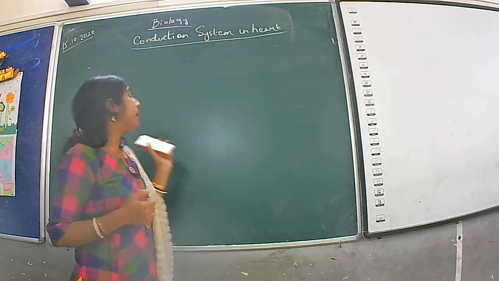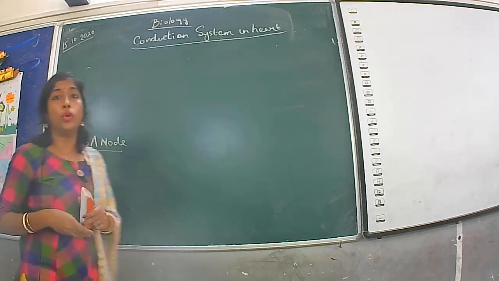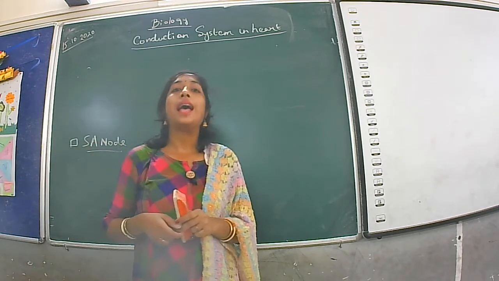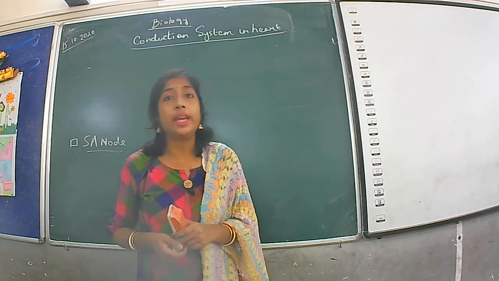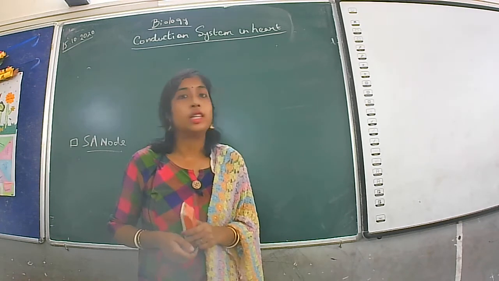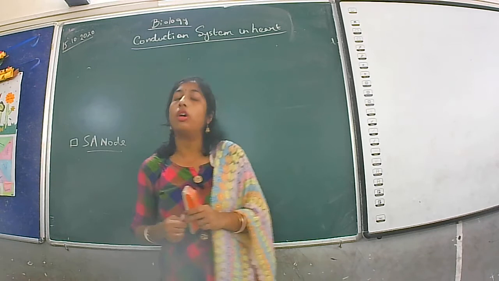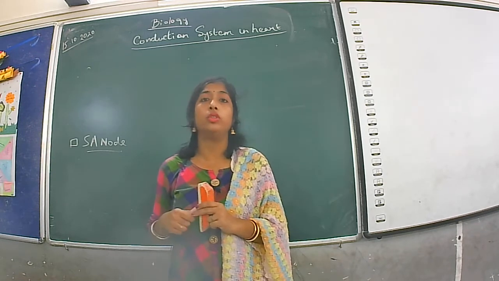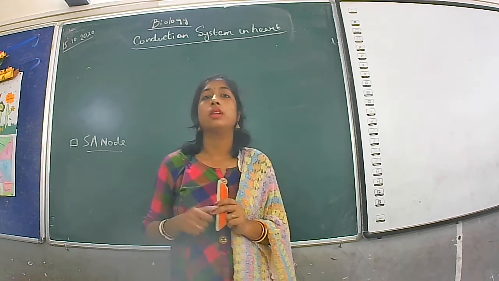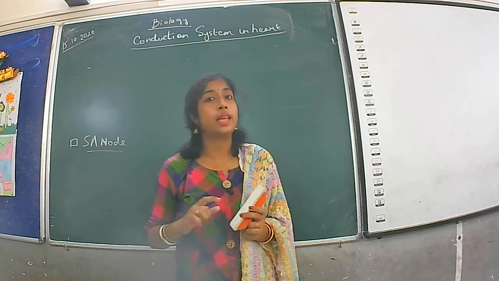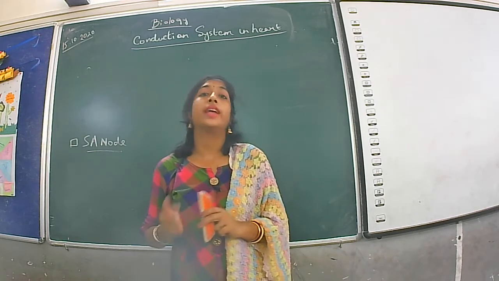Now, when we are talking about the sinoatrial node, it is believed to be the remains of the sinus venosus. And if we talk about the location of this sinoatrial node, then it is present on the right side of the wall of the right atrium.